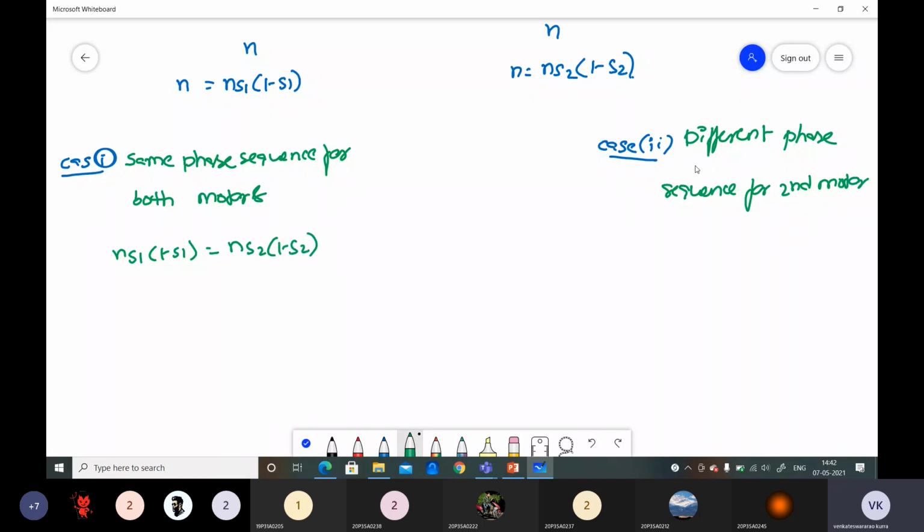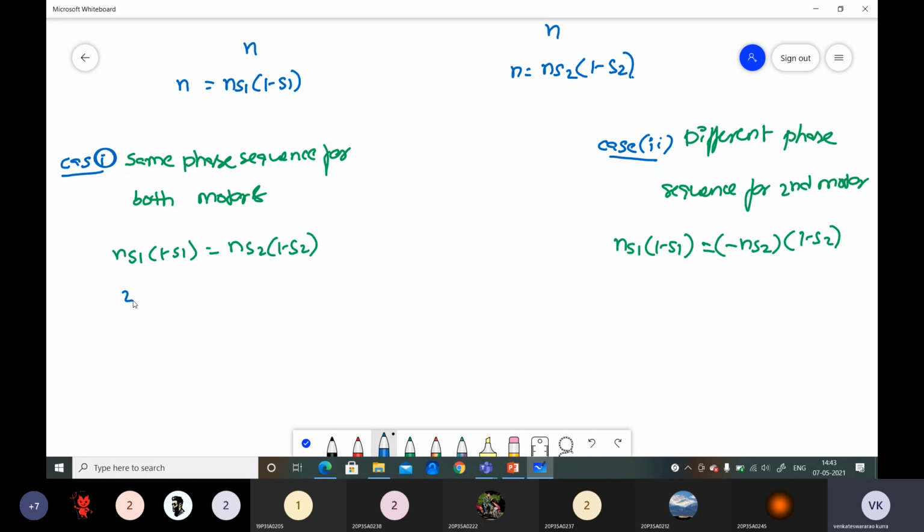Next, coming to the second case. So this ns1 rotates in clockwise direction, so 1 minus s1. Next, if we change the phase sequence, ns2 rotates in negative sequence. It means anti-clockwise direction, so it is represented by minus ns2 into 1 minus s2.